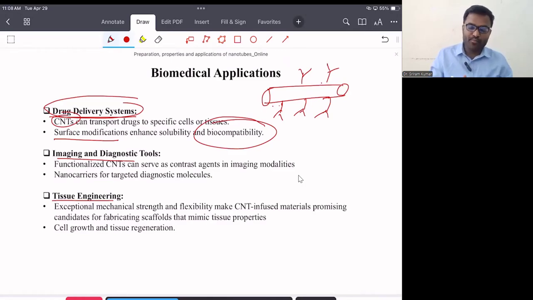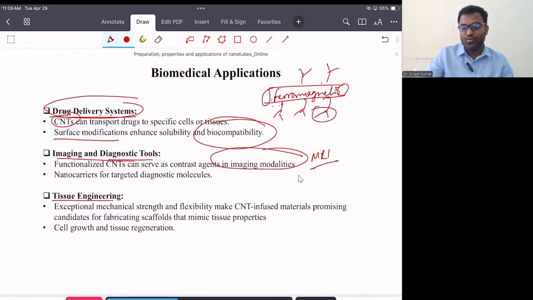And the second important application is the imaging and diagnostic tool. Whenever we use functionalized CNT, for example, if we use a ferromagnetic material in that CNT, and when it is delivered to the cancer cell using the antibody, it can be used as an imaging contrast agent in MRI applications to diagnose where cancer cells are present in the body.